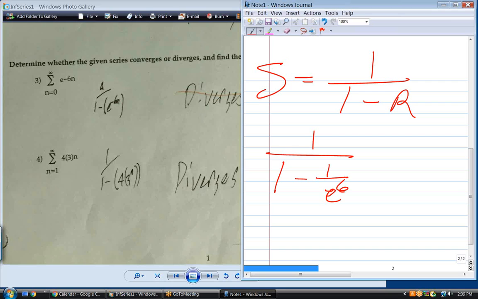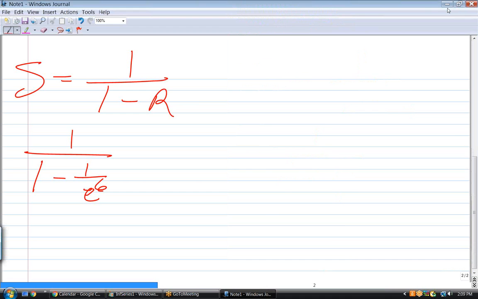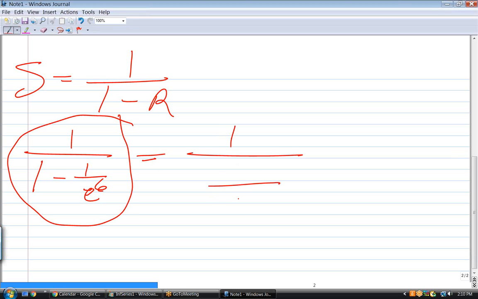That is the sum. However, there's a problem with that. And it's worth going through the algebra because that's not a simplified rational quotient. We have 2 terms in the denominator. So, first of all, combine the 2 terms in the denominator. We have a common denominator of e to the 6th.